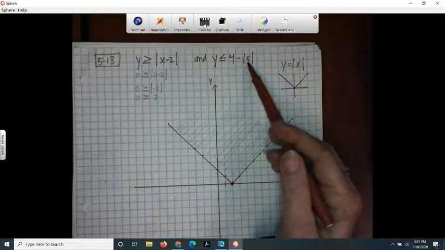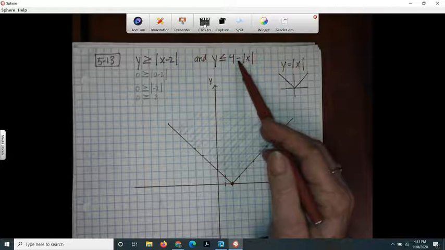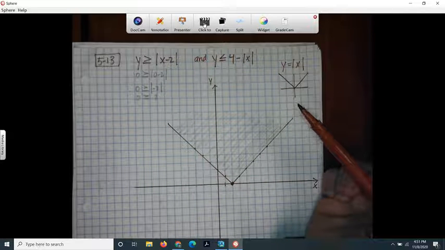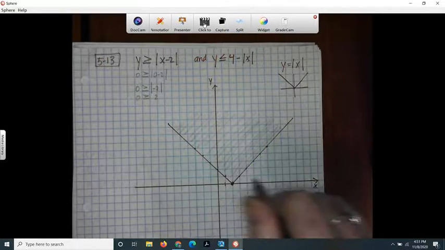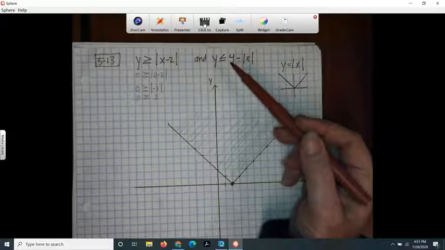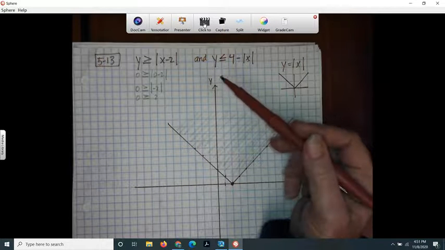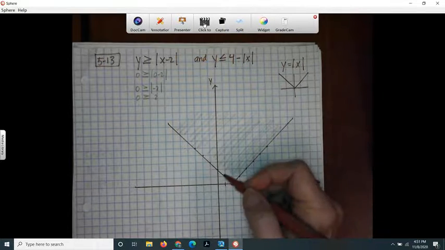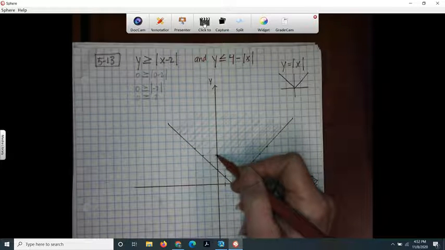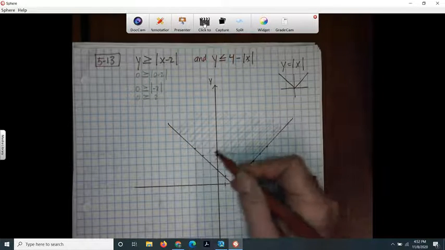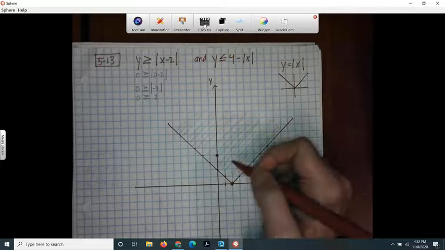This one is going to be flipped upside down because of the negative sign in front of the absolute value. So it's a reflection across the x-axis, and this 4 is going to lift it up by 4. So I'll go up by 4, 1, 2, 3, 4, and remember it's going to reflect, so it's going to be facing down.